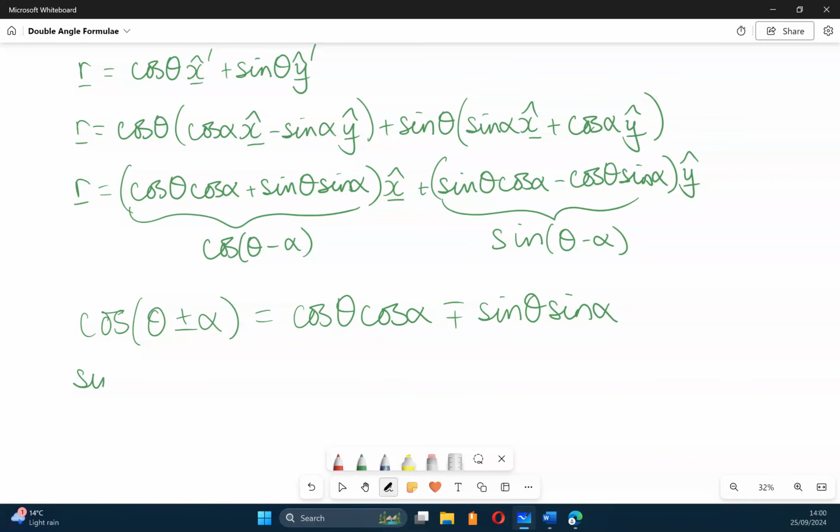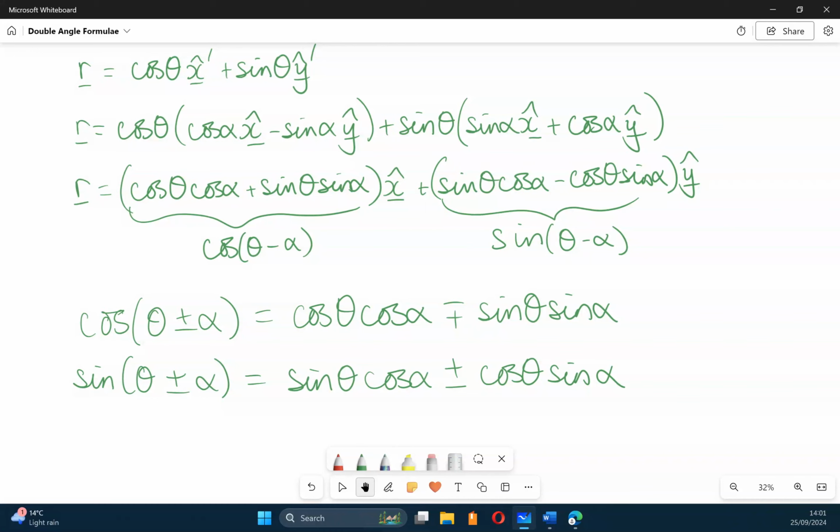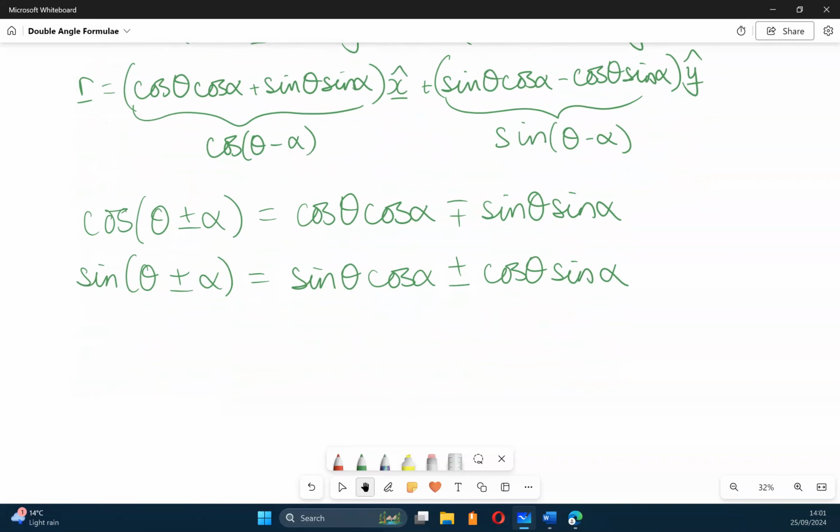And then for sine of theta plus or minus alpha, you get sine theta cosine alpha plus or minus cos theta sine alpha. And these are identities. Now, if we wanted to get tan of theta plus or minus alpha, this wouldn't be too difficult.